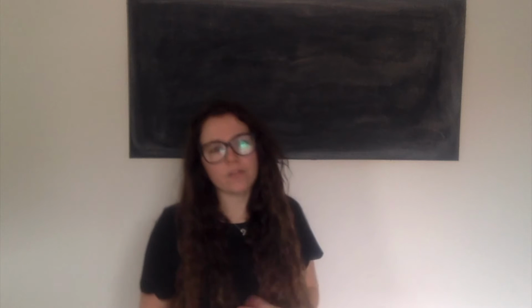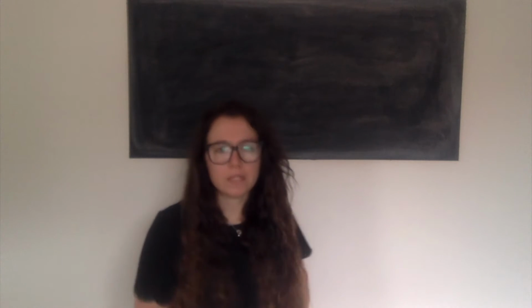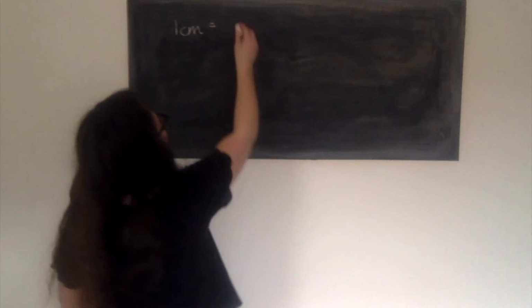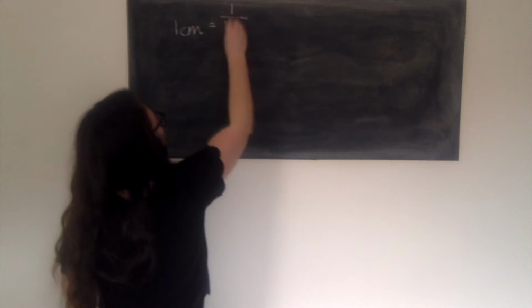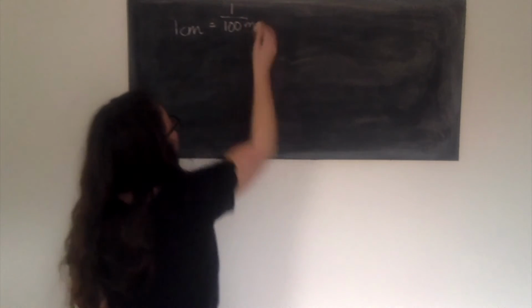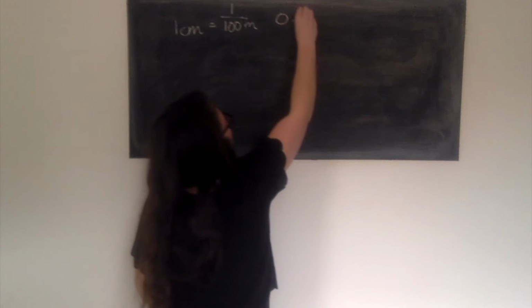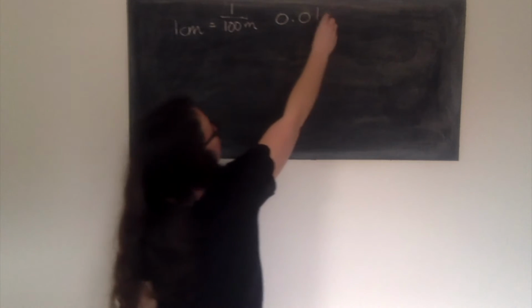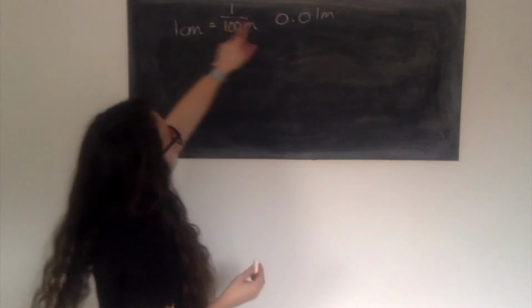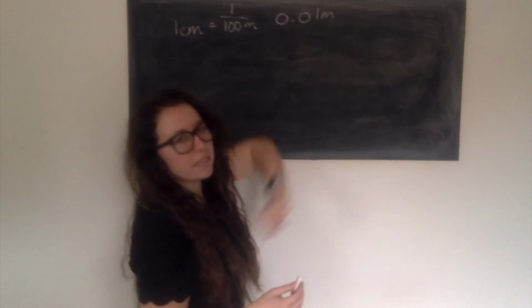Now let's think about the conversions between centimetres and metres. So 1 centimetre is 1/100th of a metre. So we could also write that as a decimal, 0.01, it's in my hundredths column. So 1 centimetre is 0.01 of a metre.